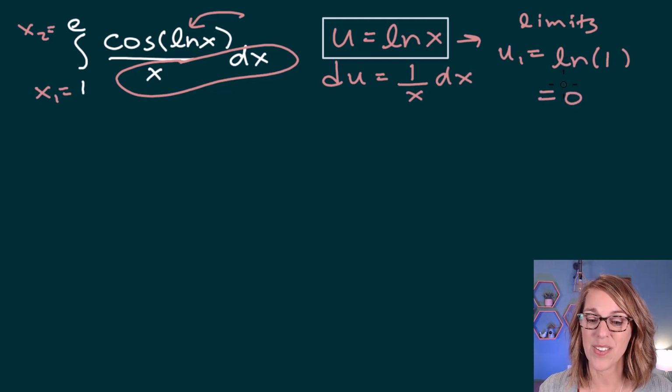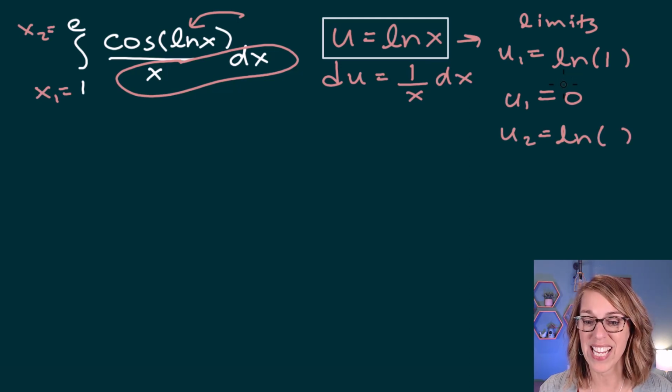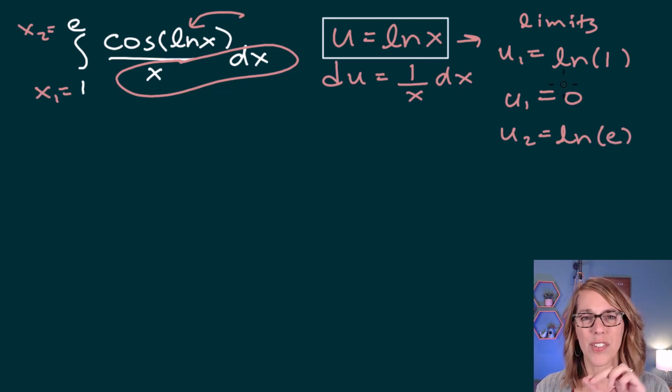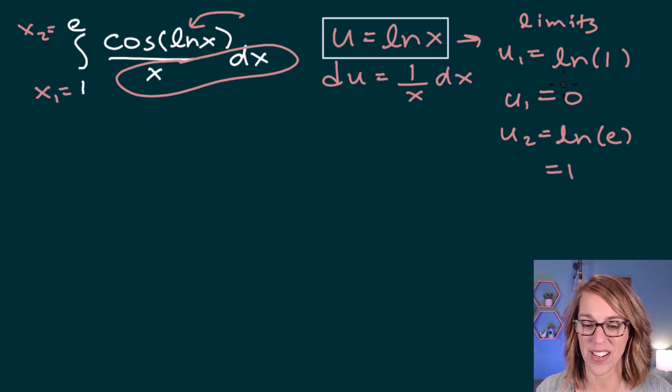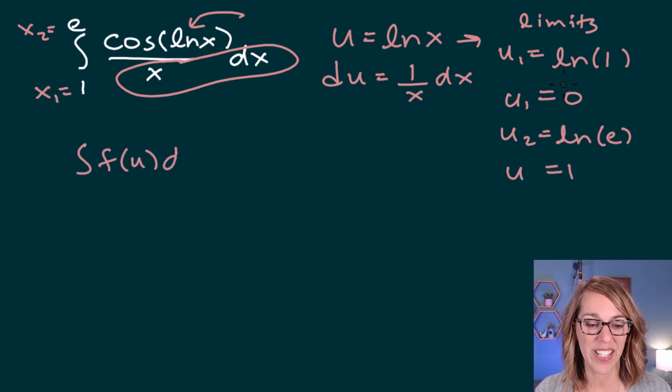That's going to be a 0, so u1 is equal to 0. And then u2 is the natural log of my upper limit. The upper limit is e. The natural log of e, those are inverse functions of each other, so I just get a 1 back for u2. And I think this gets me to my goal of an integrand function in terms of u, du.